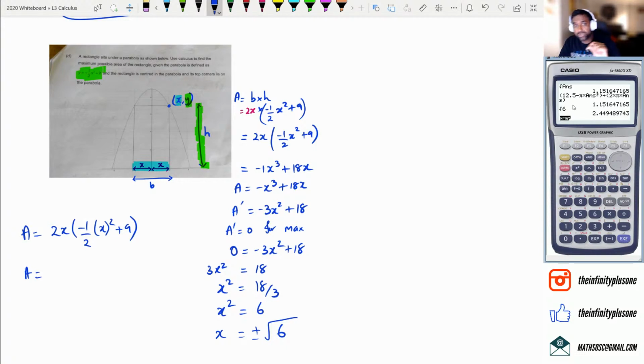So square root of 6, then 2 times answer, because that's 2x, multiplied by negative 0.5 times answer squared plus 9, and close bracket. That should give me 29.39 as my area. That should be my maximum area.